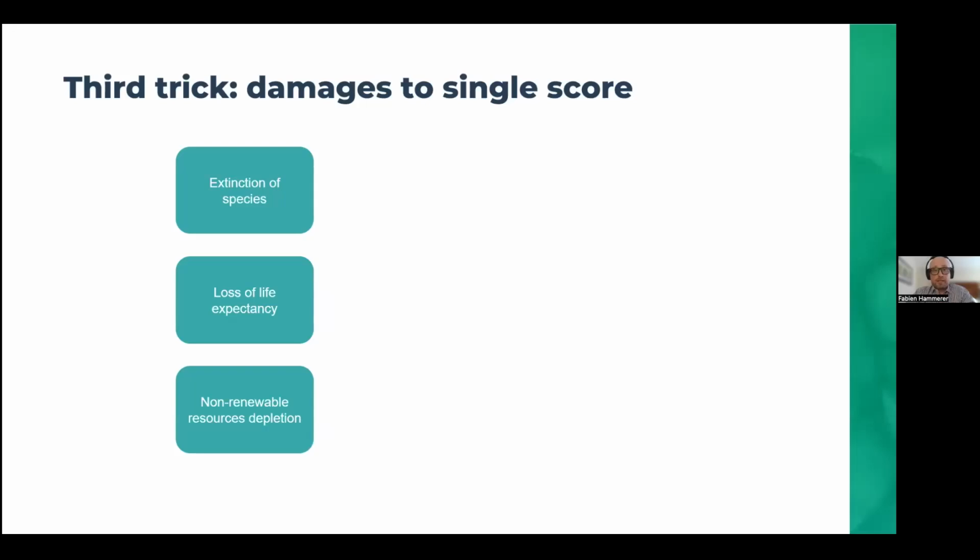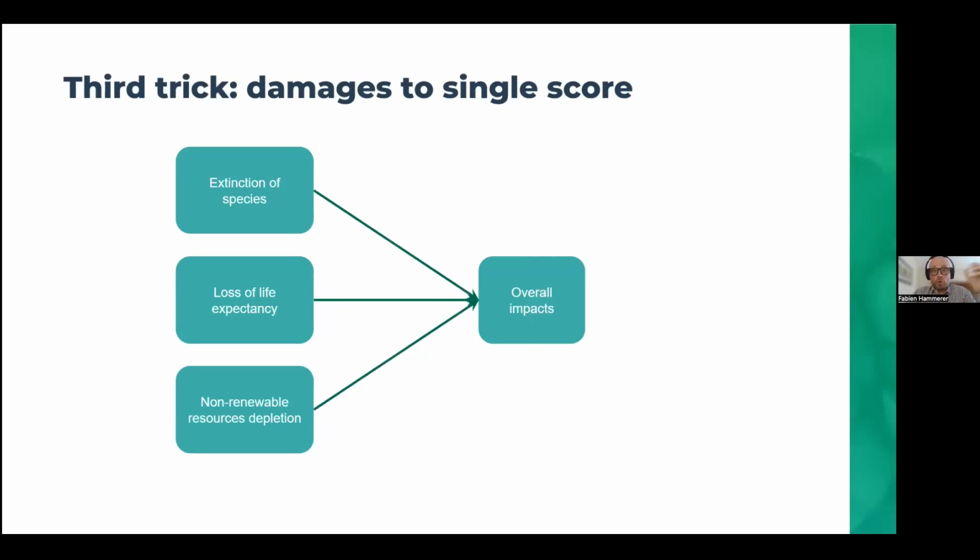Well, the third trick is basically aggregating damages to a single score that we could call overall impacts or overall damages, which is measured in person year equivalents. So this is a technique that is possible and practiced, but there are major caveats to it. The first one being that it has an inherent subjective component.